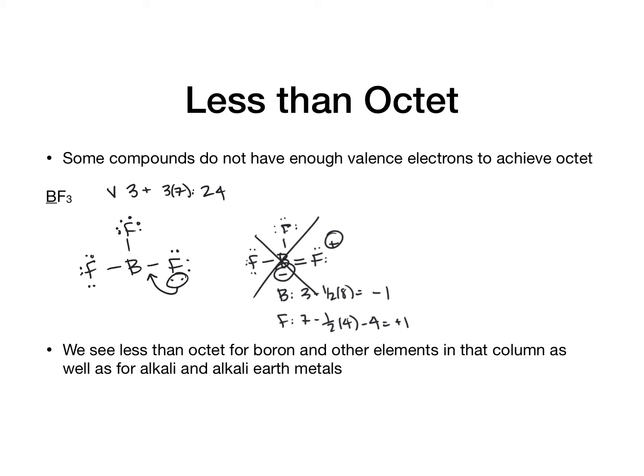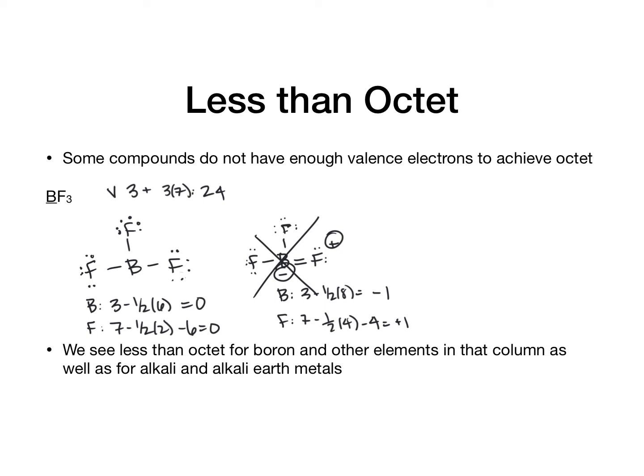But if we look at the structure over here, and I'll come in and erase this circle real fast. So let's look at the formal charges of these atoms. Boron is 3 minus half of 6 equals 0, and all of the fluorine atoms look the same, so it is 7 minus half of 2 minus 6, and that also equals 0. So we see less than octet, but no formal charges, and so that is a preferred structure.